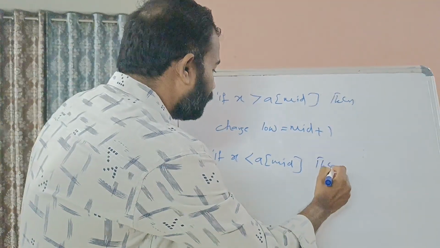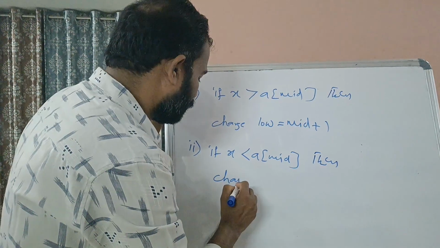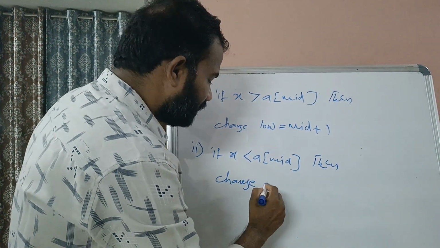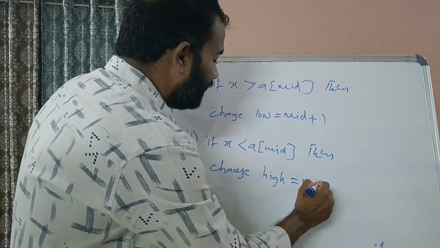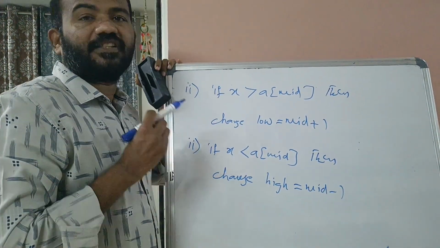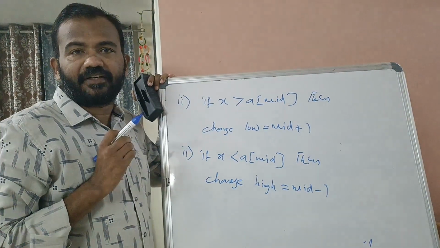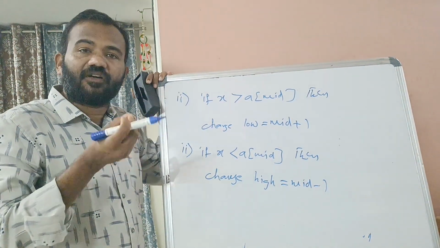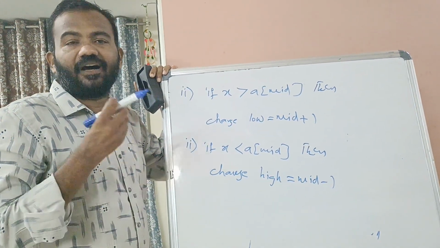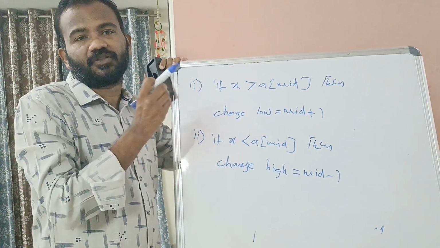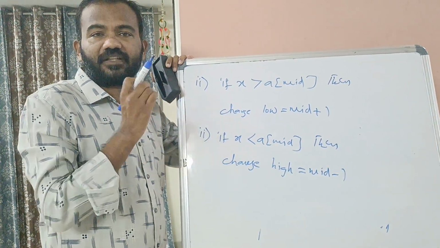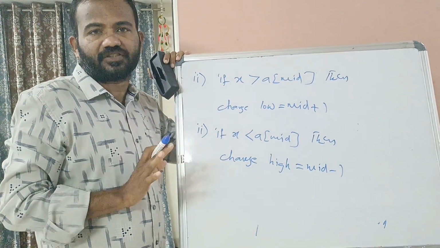Then we change high is equal to mid minus 1. This process is repeated until we have compared all the left side elements or right side elements of the array, or x is found at some position. These are the steps of binary search.